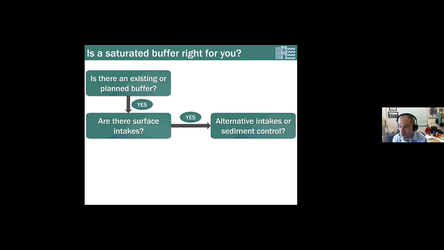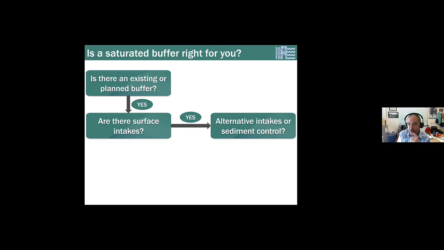We did that on a bioreactor, not a saturated buffer, with Iowa Soybean Association this last spring up in north central Iowa. There was an intake leading into an existing bioreactor. When we replaced that bioreactor, we also put in an alternative intake, a gravel and sand intake, rather than a direct pipe to the surface, to try to reduce sediment inflow.